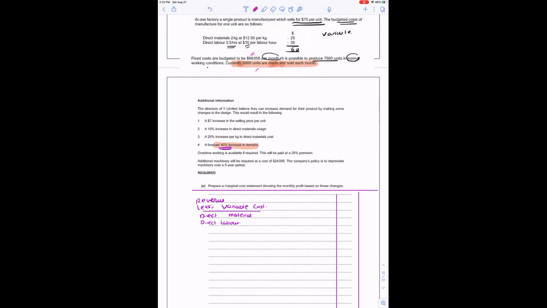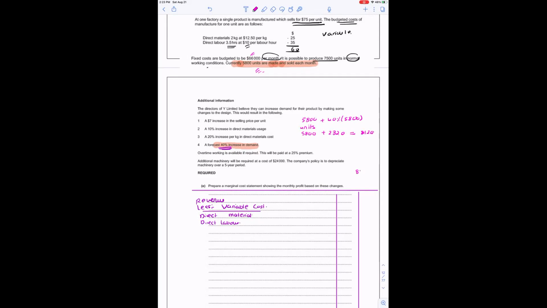The original was 5,800 units. 5,800 into 40% is giving me 2,320. 5,800 units before plus 2,320 units gives 8,120 units.